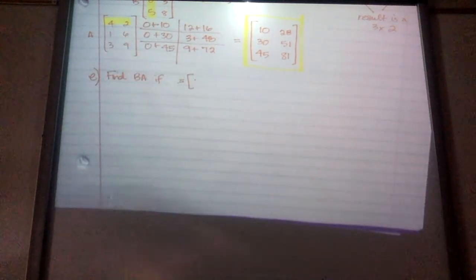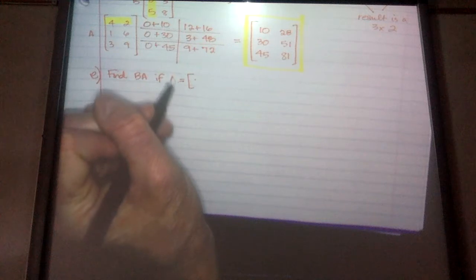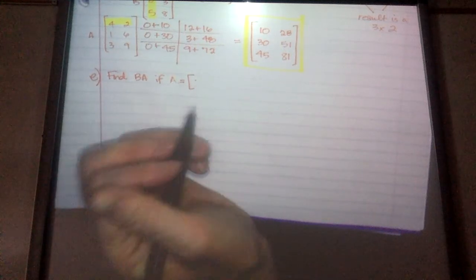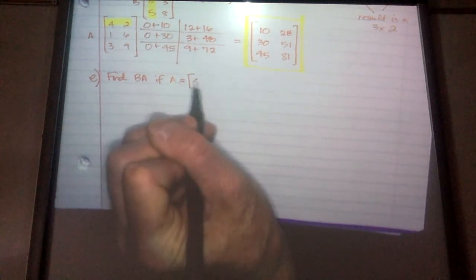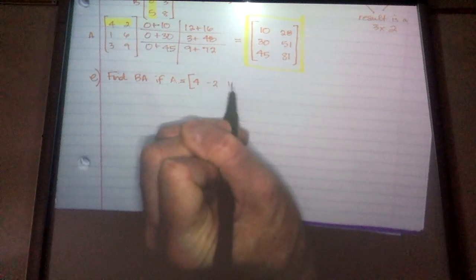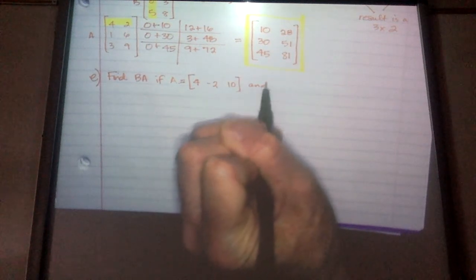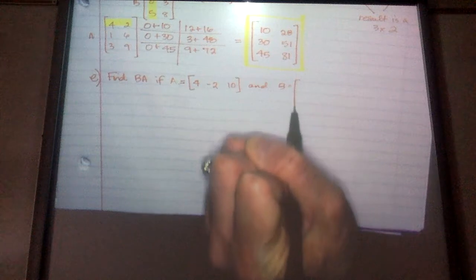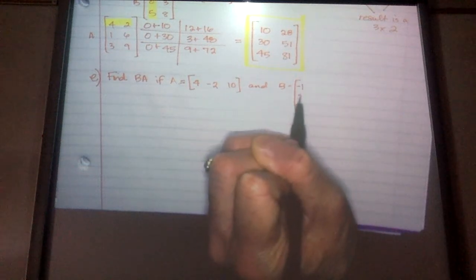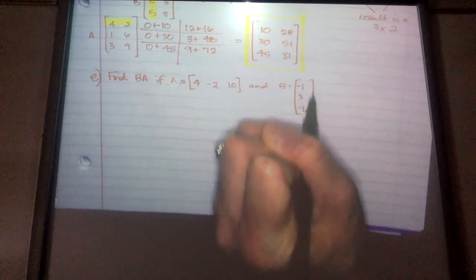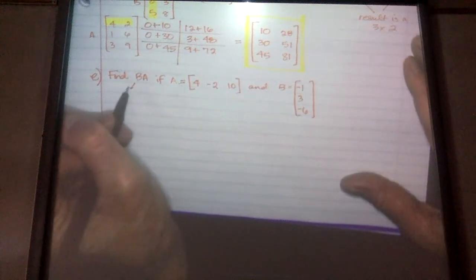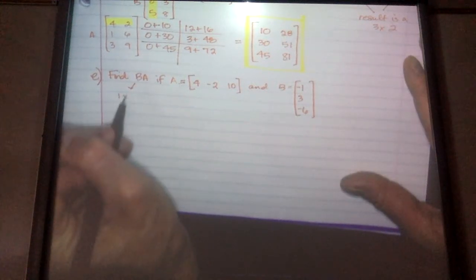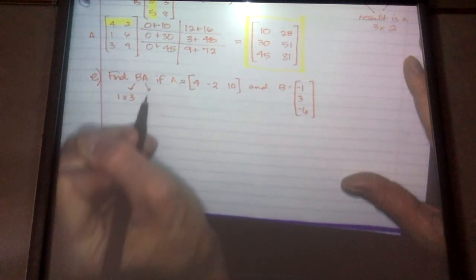So E, this is A, part E, and my matrix is 4, negative 2, 10, and B is negative 1, 3, and negative 6. So B is a 1 by 3, and A is a 3 by 1.